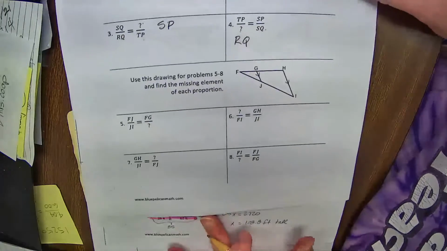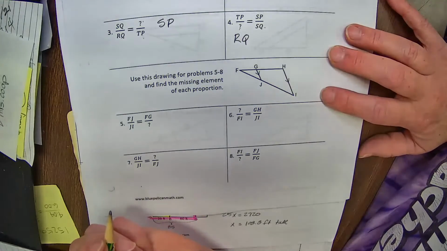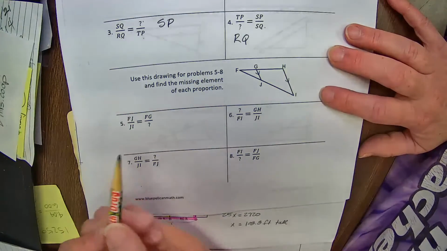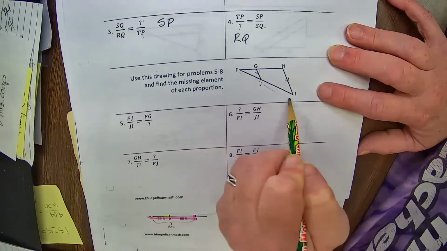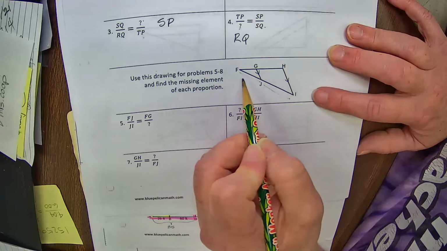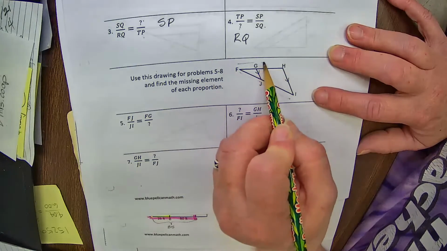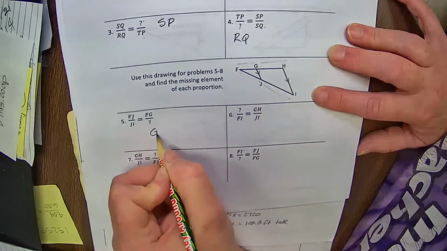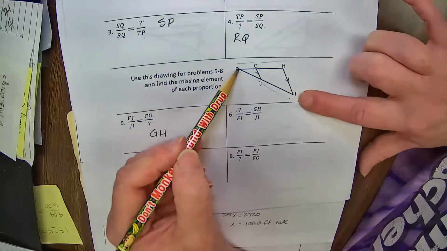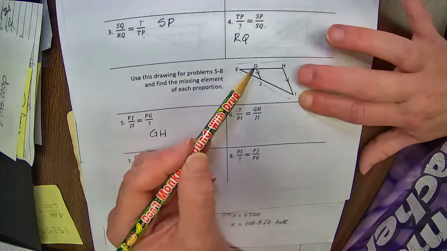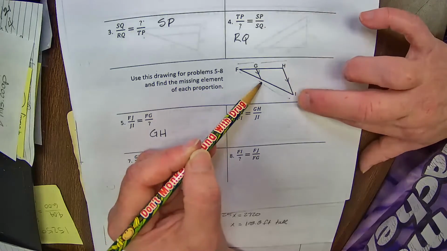Okay. Use this drawing for problems 5 through 8 and find the missing element in each proportion. FJ, this right here, is to JI as FG is to GH. Something is to FI as GH is to JI.